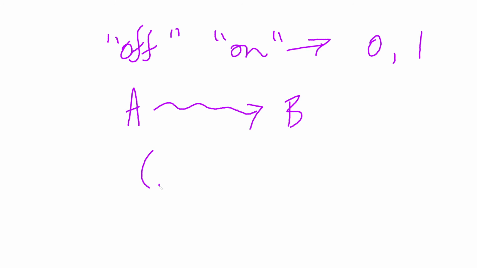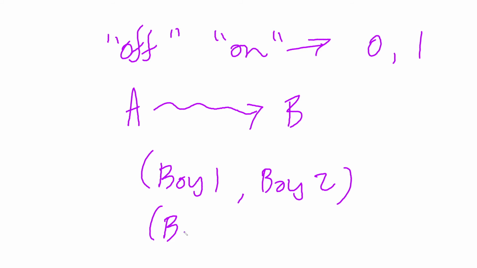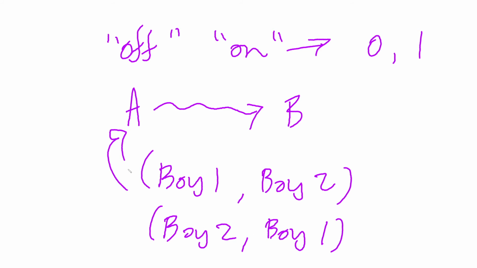For instance, boy 1, boy 2 is an ordered pair, which is unique and distinct from boy 2, boy 1. For each of these ordered lists of length 2, there is one corresponding possible relationship, one possible corresponding crush, liking, admiration, etc.